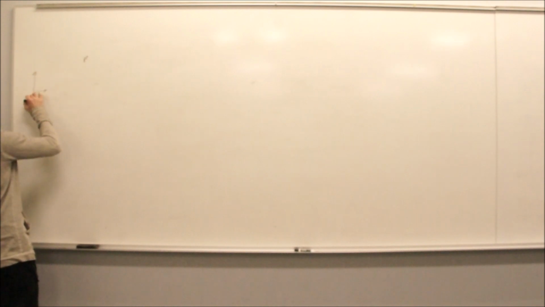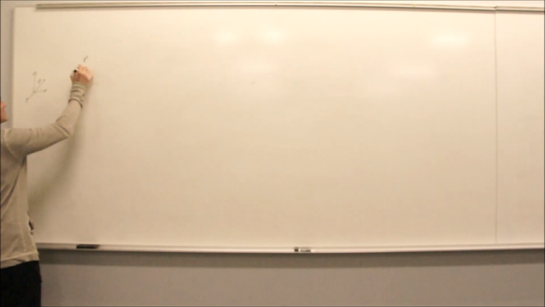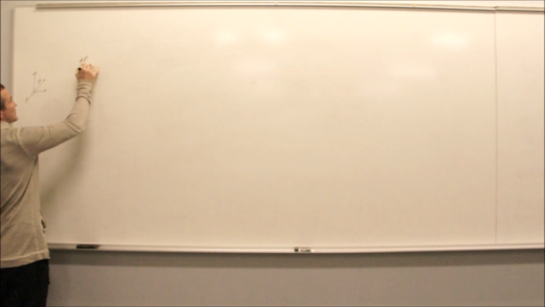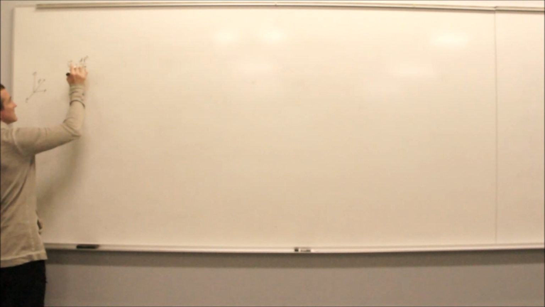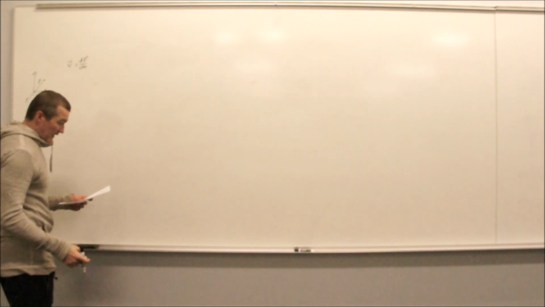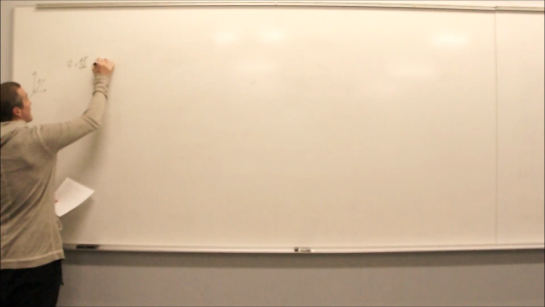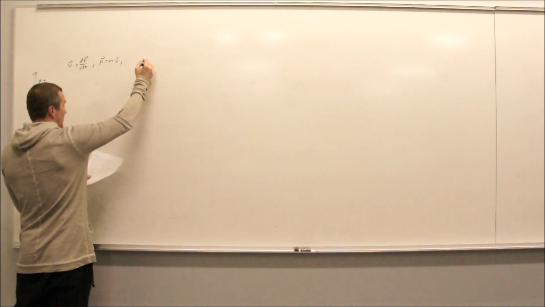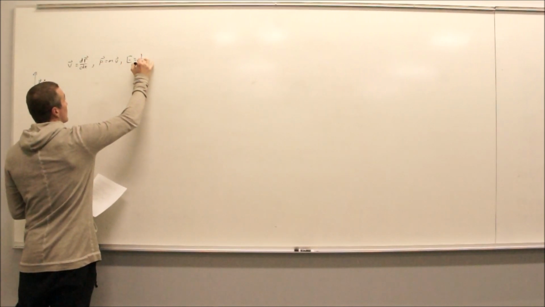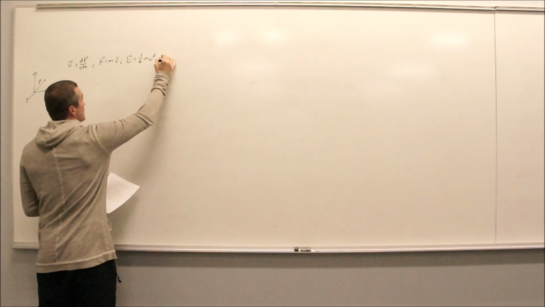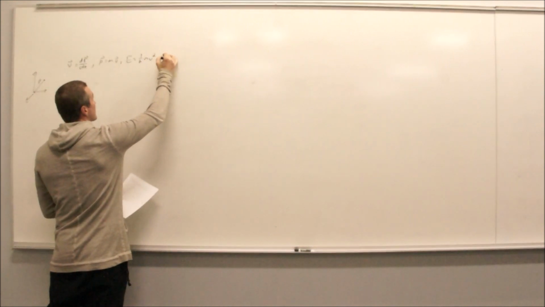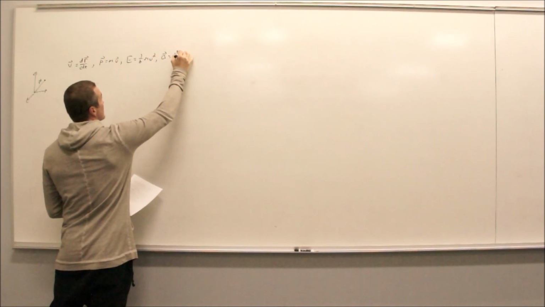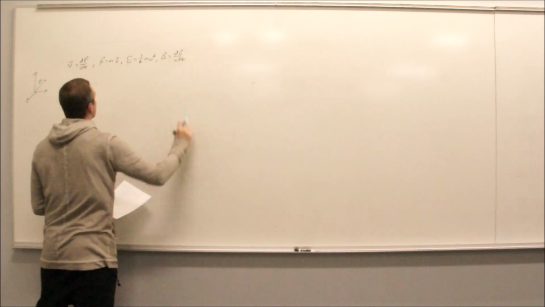Now, what's important is that if you want to deal with a particle, normally what you do is you set up a coordinate system and then you talk about the particle's position. If you take the derivative of the position with respect to time, you've defined the velocity of the particle, and then you can define the linear momentum to be the mass times the velocity. You can define the energy to be 1/2 mv squared, and you can define the acceleration as the derivative of the velocity.